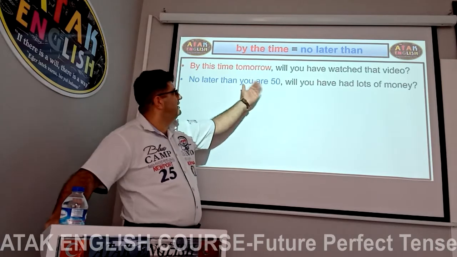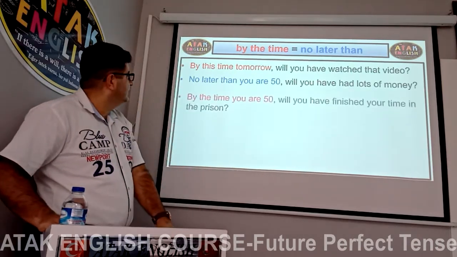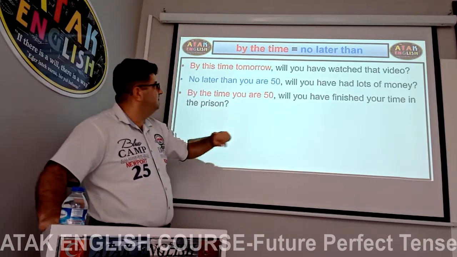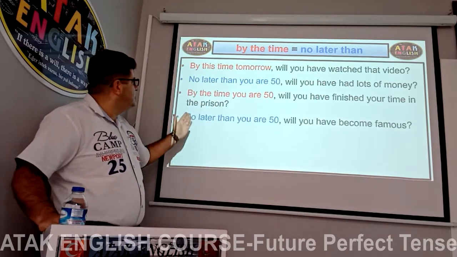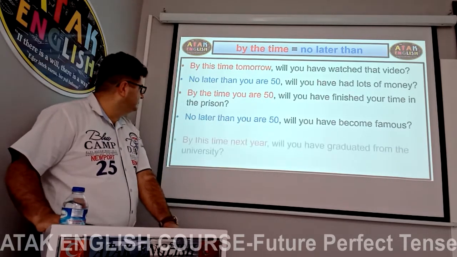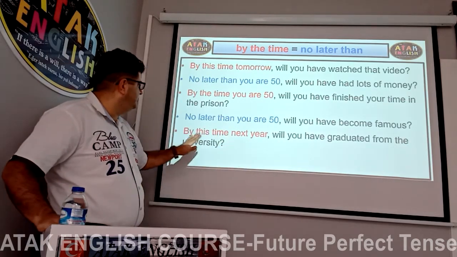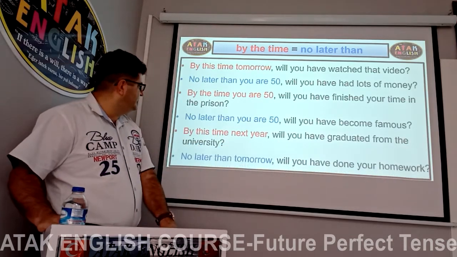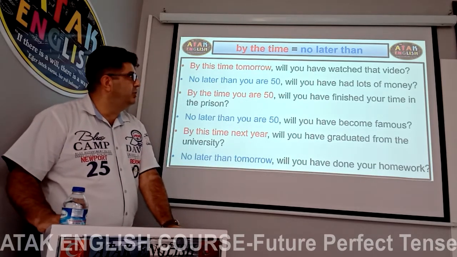No later than you are 50, will you have had lots of money? By the time you are 50, will you have finished your time in the prison? No later than you are 50, will you have become famous? By this time next year, will you have graduated from the university? No later than tomorrow, will you have done your homework?